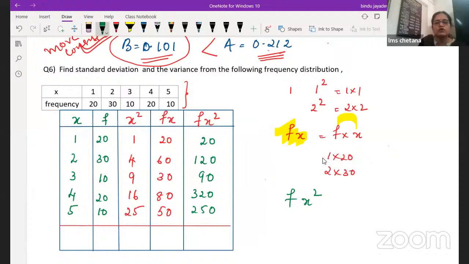Now, what values do you want to add? Sigma F, add the F column. Add the FX column, and add the FX square column. 3 columns. All of you add it. By the time, I'll wrap this all.